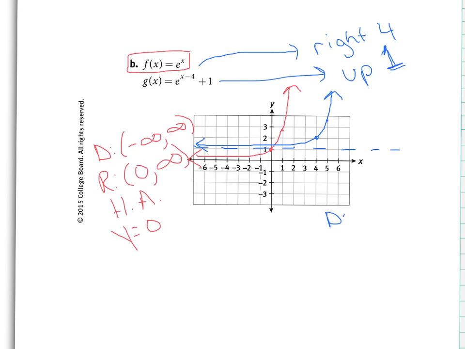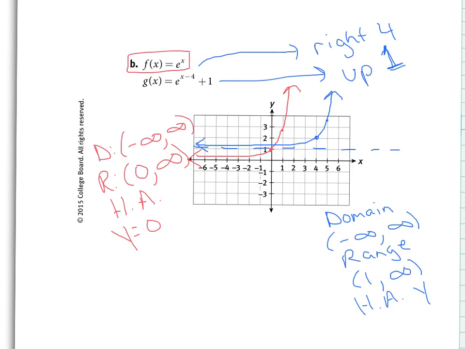My domain of the new function is still negative infinity to infinity. The range, however, has shifted because my boundary line has shifted. It's 1 to infinity. The horizontal asymptote is at y equals 1.